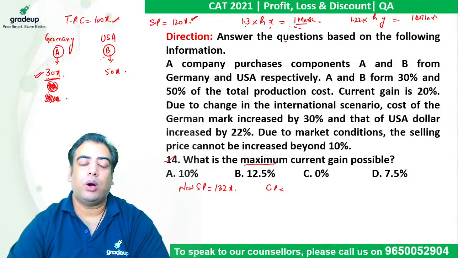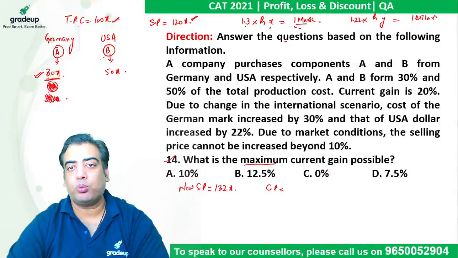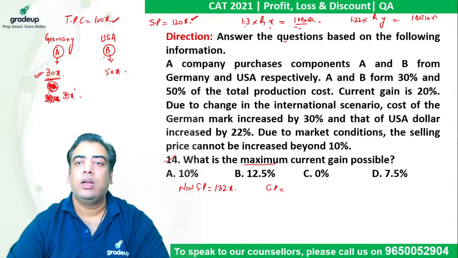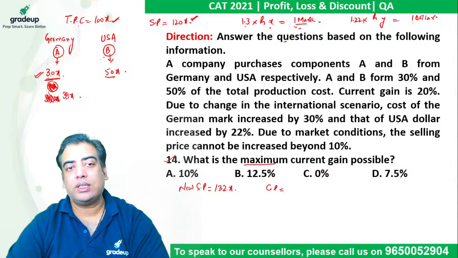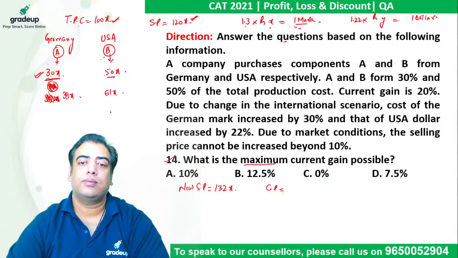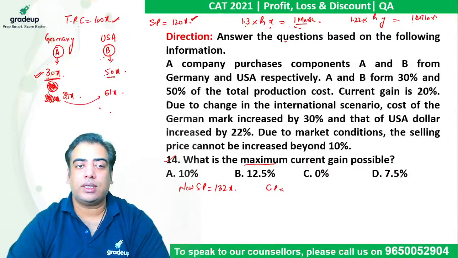So here the amount to be paid will be 30% more than this, which will be 1.3 times of this, which comes out to be 39x. And it comes out to be 22% more than this, which comes out to be 11x of this, which is 61x.